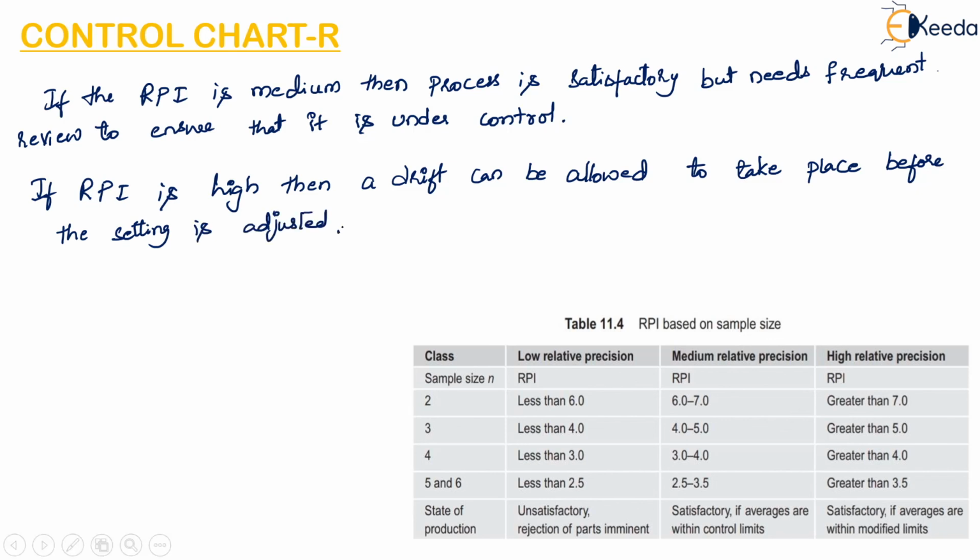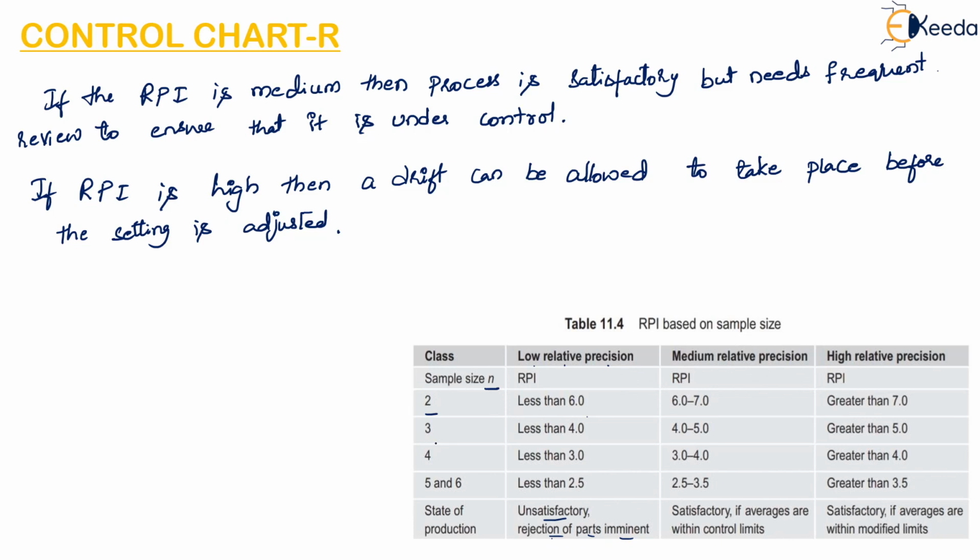So here in the table, for a sample size of 2, the RPI with low relative precision is less than 6. So unsatisfactory and rejection of the part is imminent. That is, we cannot avoid the rejection of the parts. So we have to reject the parts.